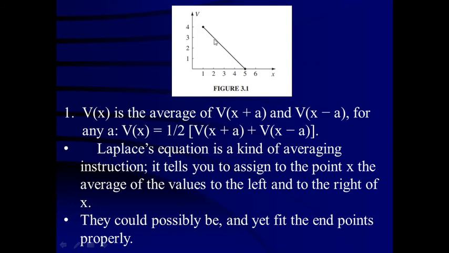Corresponding to that, you will have V1 and V2, and if you add them and divide by 2, then you will get the original value of V at point 3. This way, you can obtain the value of V as nothing but the average value of V around that point with any deviation. So it is an averaging instruction.